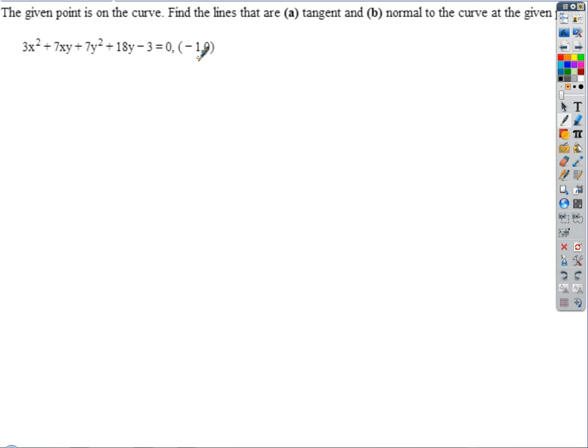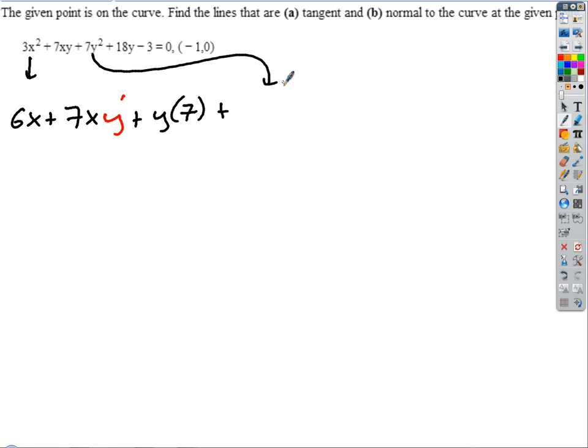This doesn't look like it's that hard of one. There's only one product rule in the whole thing. First term, if we differentiate, gives us 6x, plus here's our product rule. Let's group the 7 with the x. So we get 7x y prime plus y times 7, plus next term, 14y.